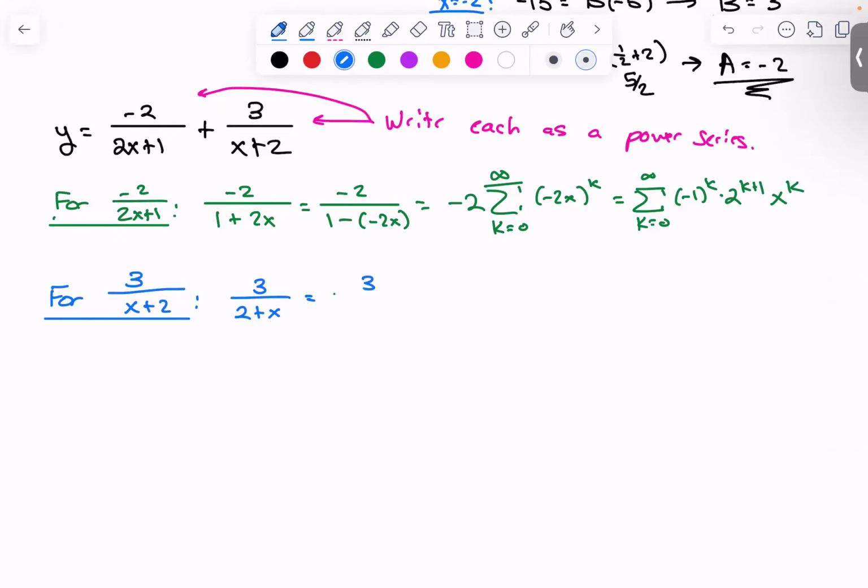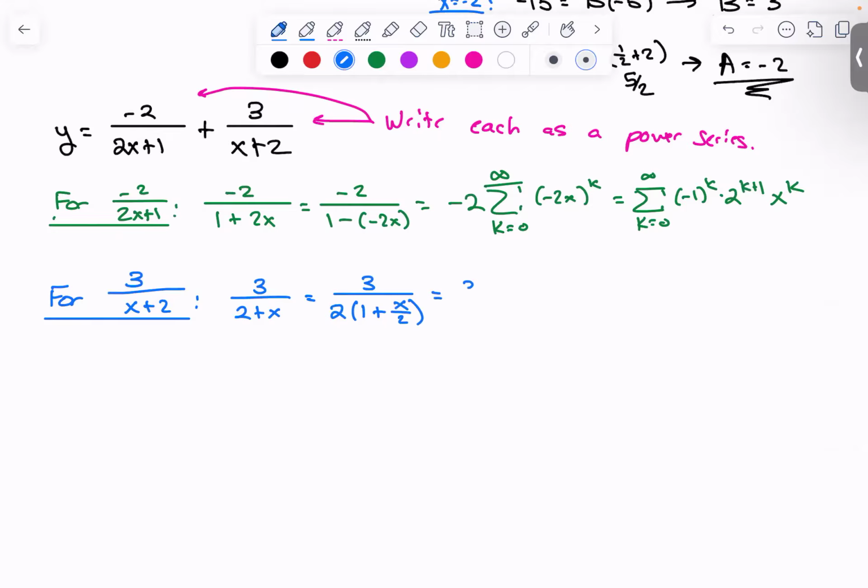So 3 over, if I factor out a 2, that's what was causing a problem. But by factoring out a 2 from an x that doesn't have a 2, I have to counterbalance that and make it x divided by 2. That's closer, but not perfect because we need it to be 1 over 1 minus blank. So we have to double negate.